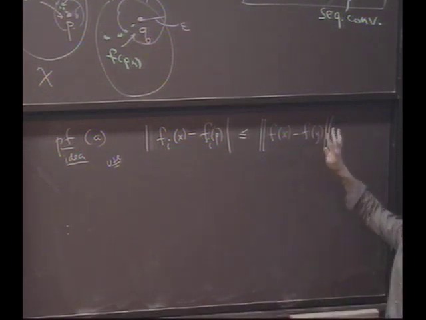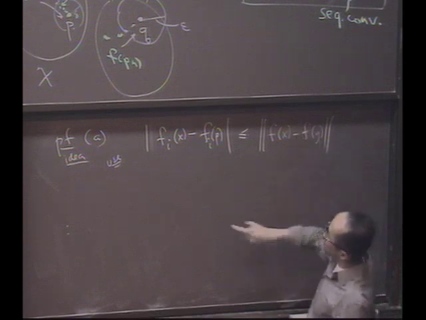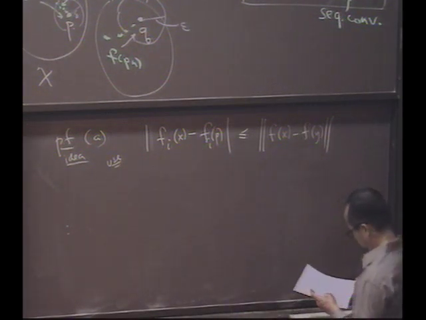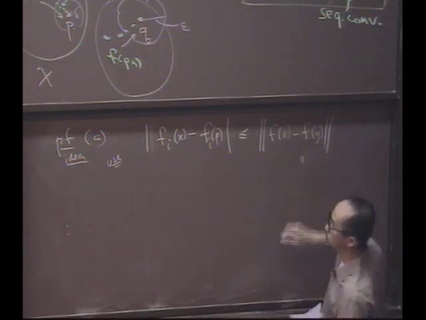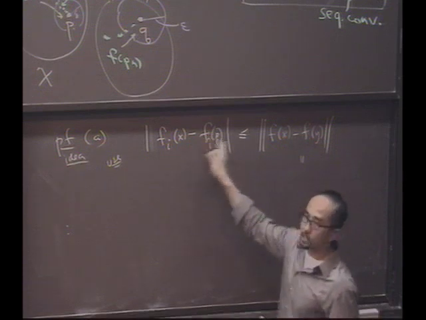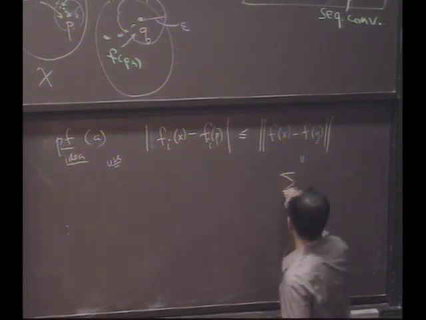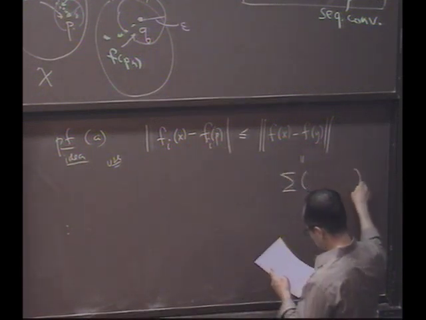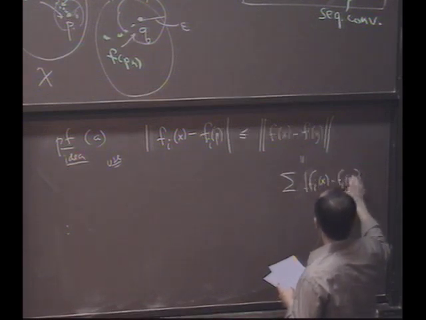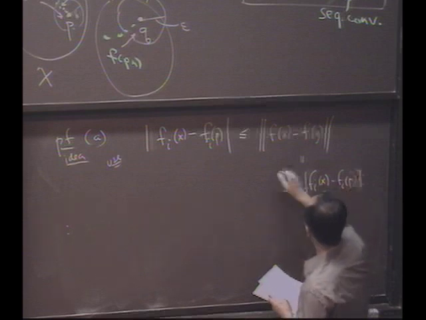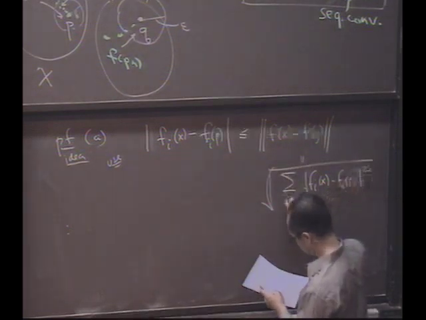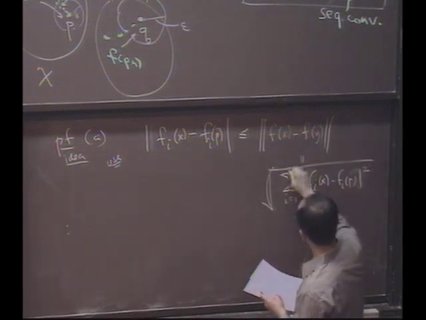Now, what if I have this and I need to make it small, and I know this is always small? Well, if you know all of these are small, isn't this just some combination of all of these? Yeah, it's the sum of the fi of x minus fi of p, squared, and then I take the whole thing and I take the square root. I goes from 1 to k.